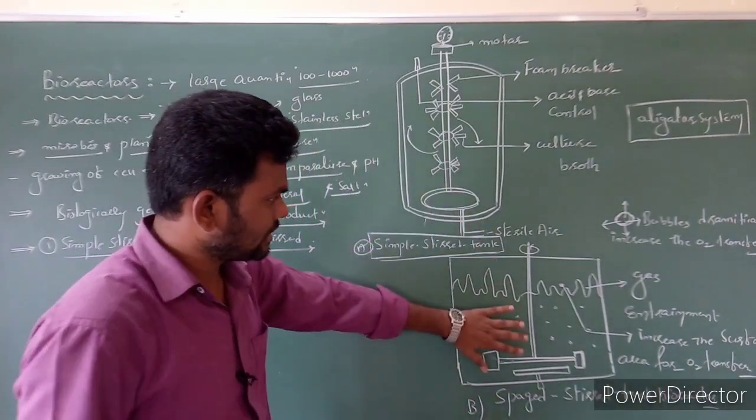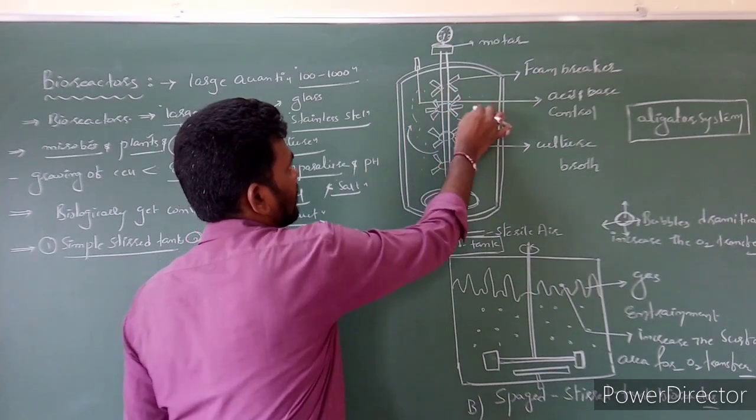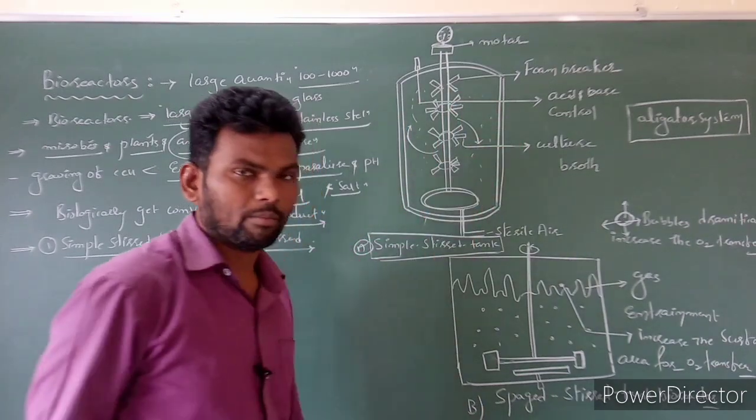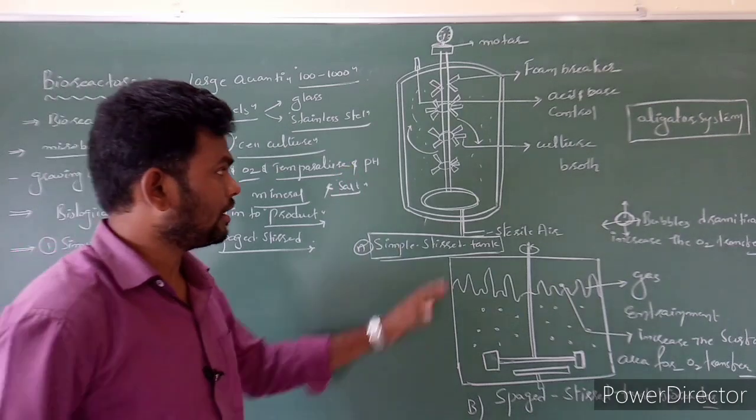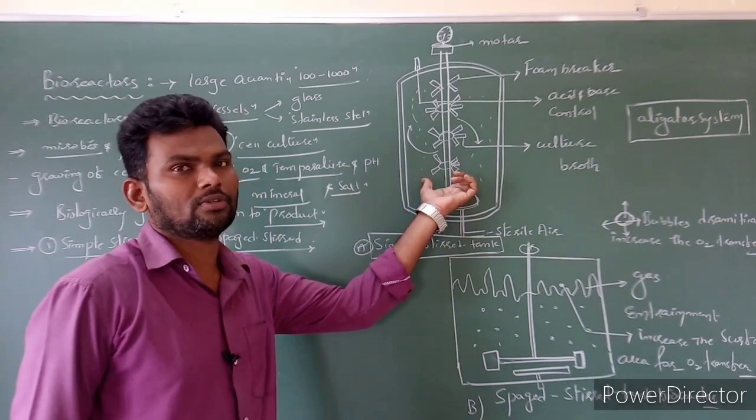Here the raw material is there. This is the complete raw material, and here also raw material. These are big vessels, and we can get nearly 1000 liters of product.